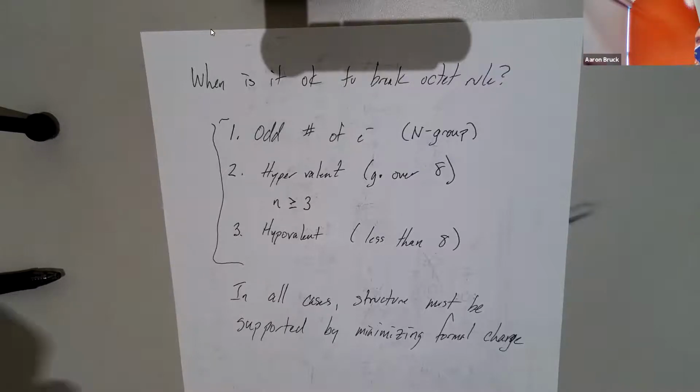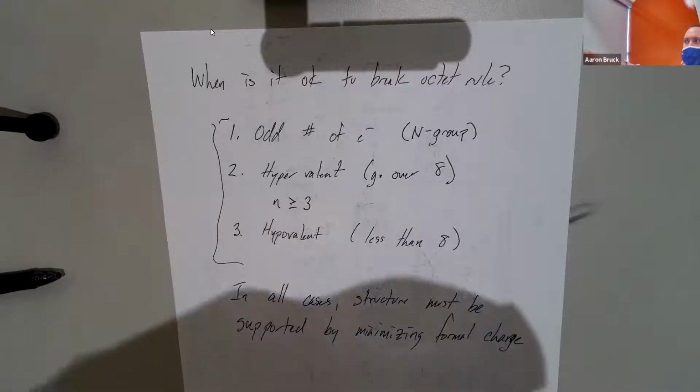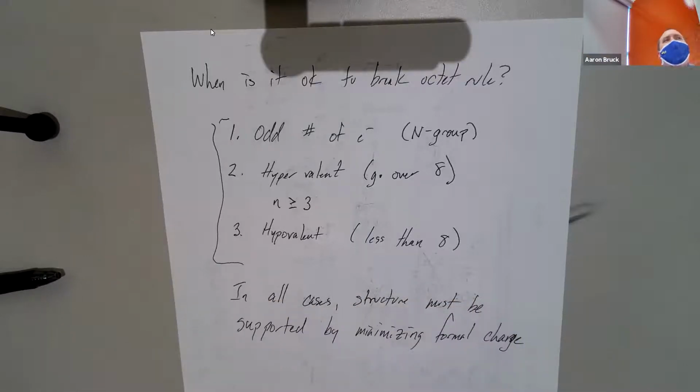So I've got to be starting at sodium and below, because I've got to have access to those empty d orbitals to make it possible. So from the standpoint of the problem that we're working on, fluorine can't break the octet rule. It doesn't possess the orbitals necessary to do so. So phosphorus is the only place that could take on those extra electrons.